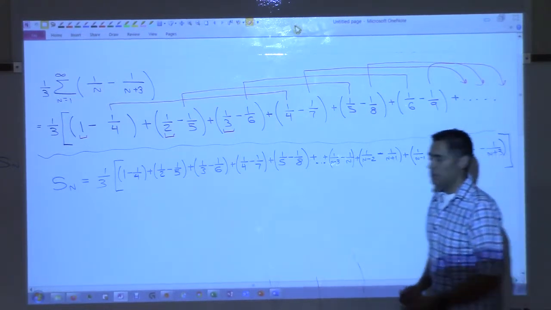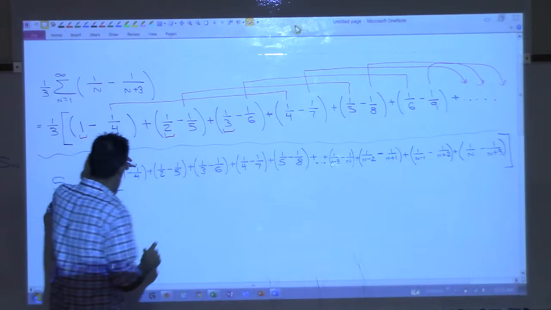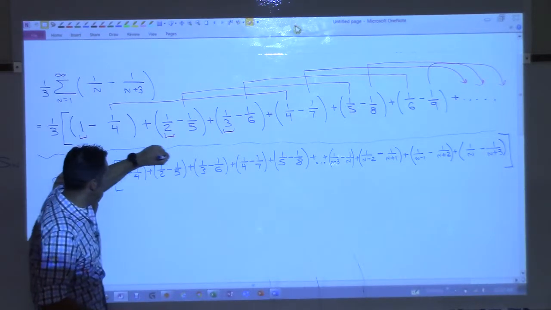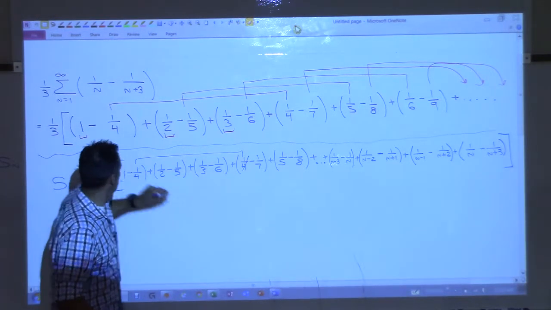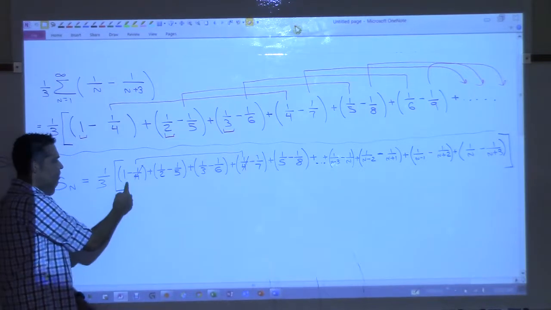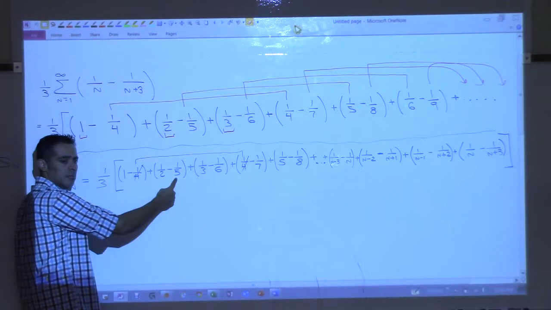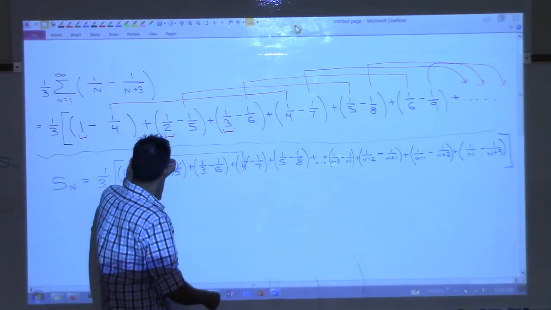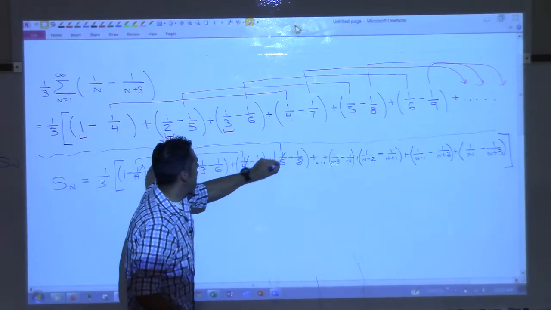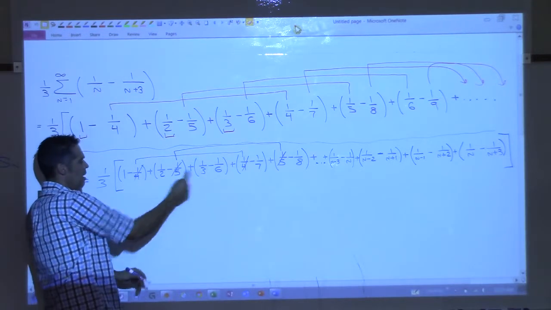Okay, let's cancel. This negative 1/4 cancels with that positive 1/4. They're gone. That 1 doesn't go anywhere. That half doesn't go anywhere. Does this negative 1/5 go? Yes, that negative 1/5 cancels with that positive 1/5. Gone. How about this 1/3? That 1/2 stayed.